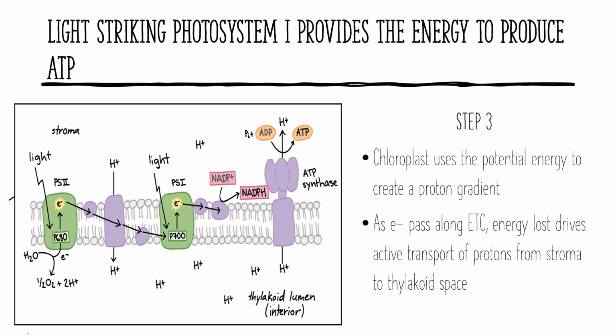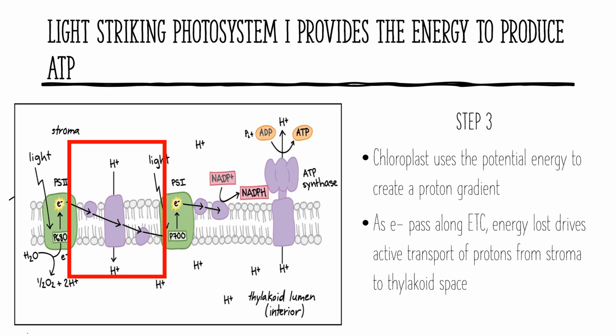Meanwhile, the chloroplast uses the potential energy in the electrons to create a proton gradient, as you can see here in the picture. As the electrons pass along the electron transport chain, the energy they lose drives the active transport of protons from the stroma to the thylakoid space. The resulting proton gradient across the thylakoid membrane represents a form of potential energy.